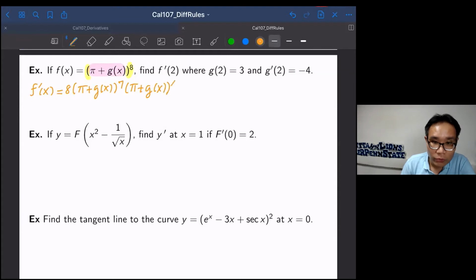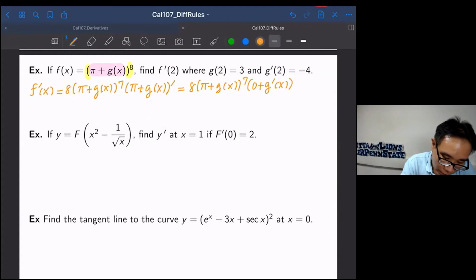Okay, so you differentiate the inside, so this guy will be (8π + g(x))^7, and the derivative of 8π + g(x), so you get 0 + g'(x).